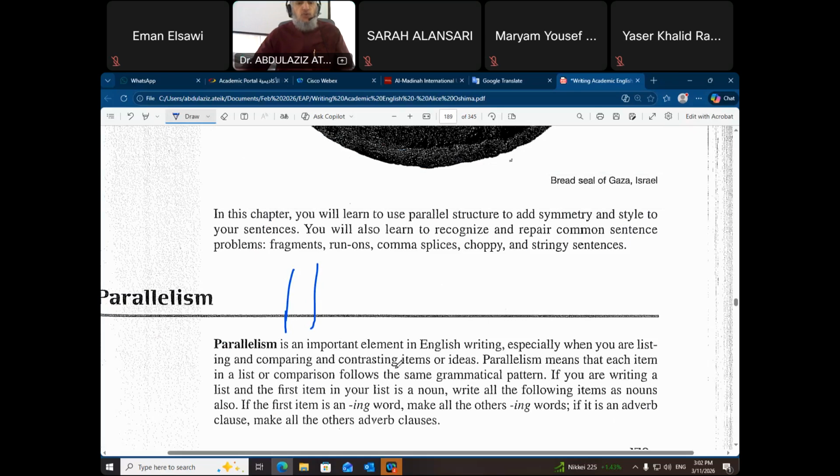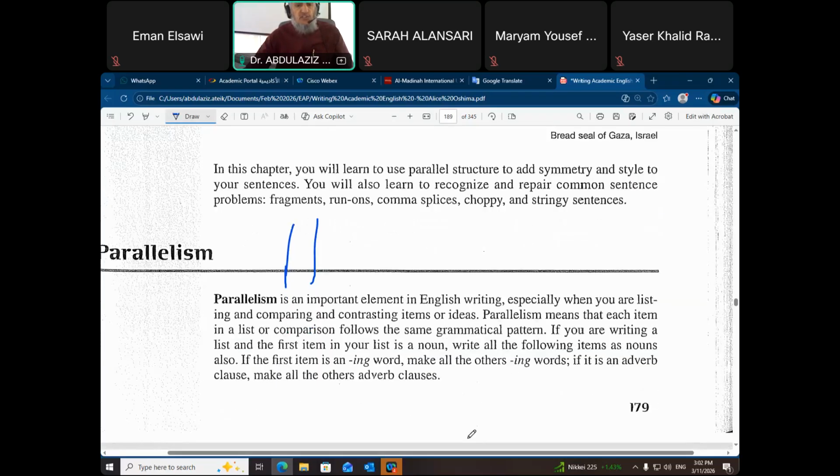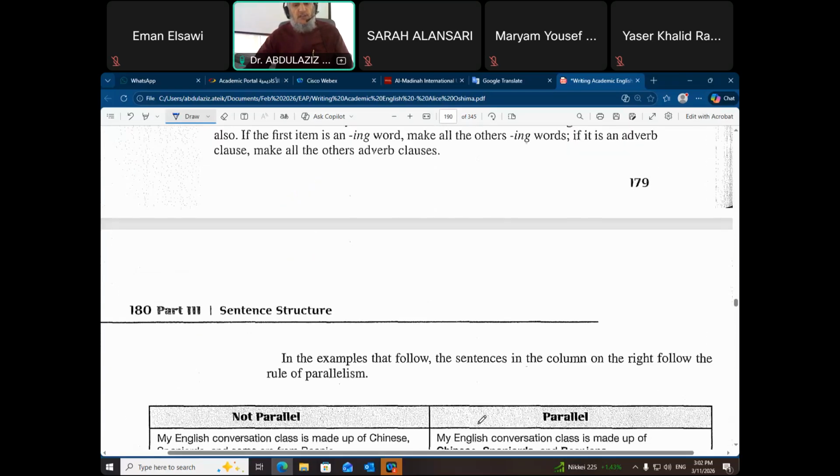If you want to list a few words, they must be from the same kind, from the same type. Okay, if you are listing nouns, all of them should be nouns. Okay, like this.